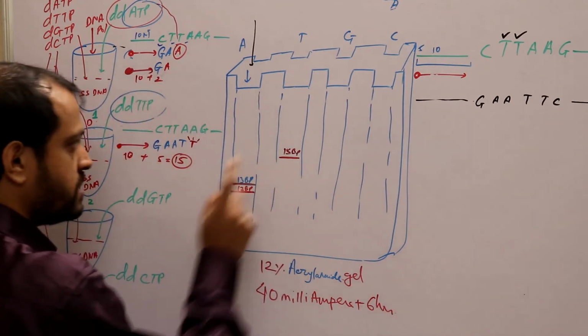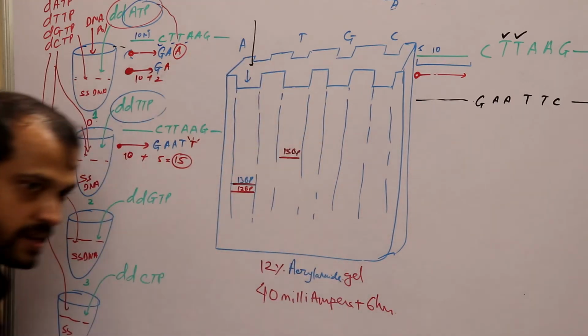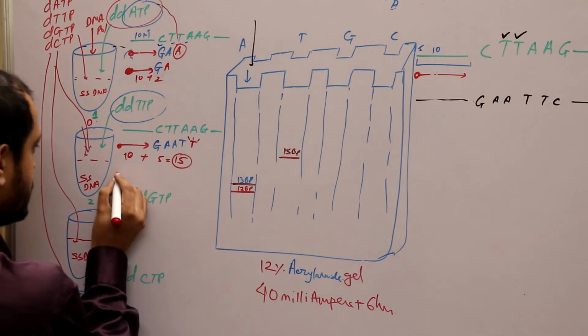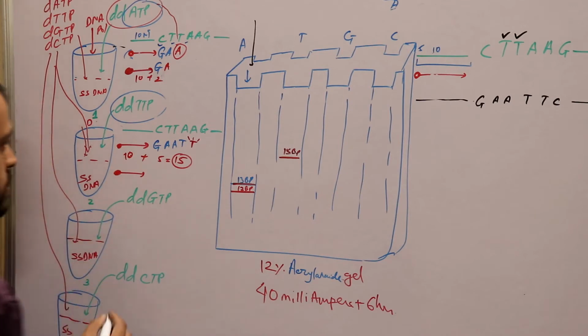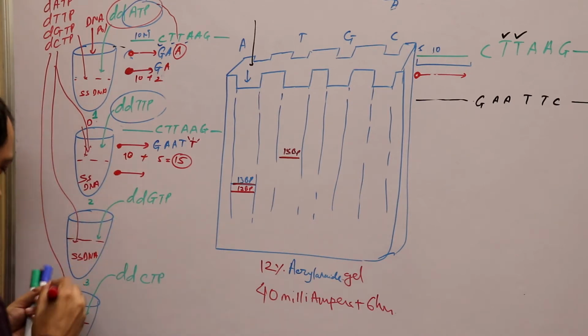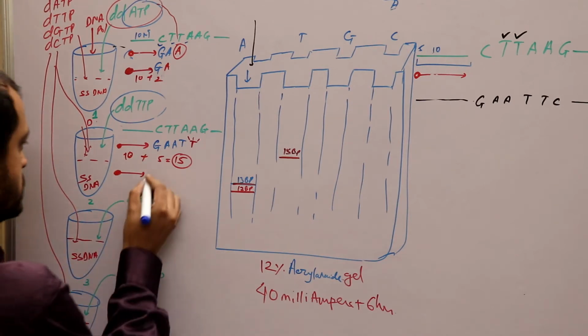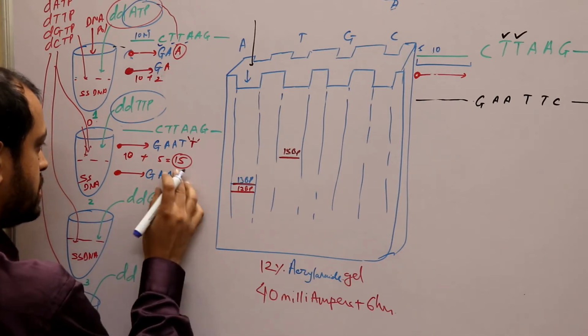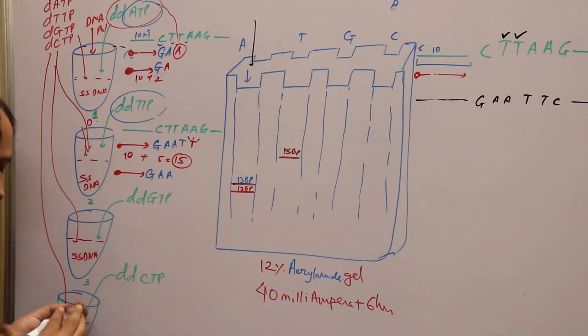Now listen, sorry, this is 15 base pair. Now in the second case, this is the primer. Again, G A A. Now in the second case, what are we getting?